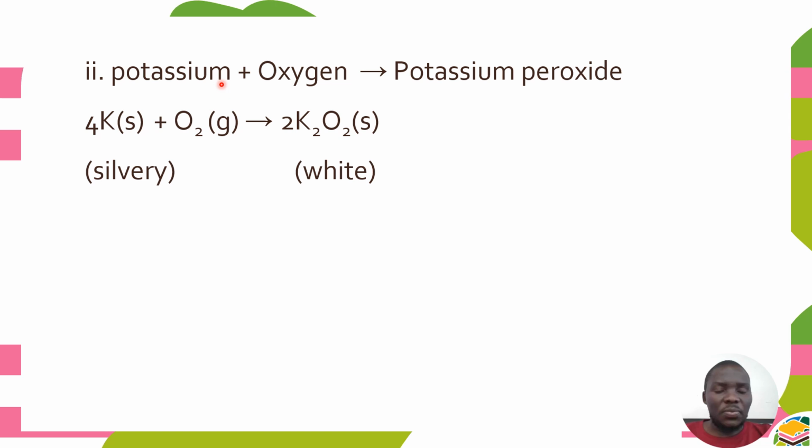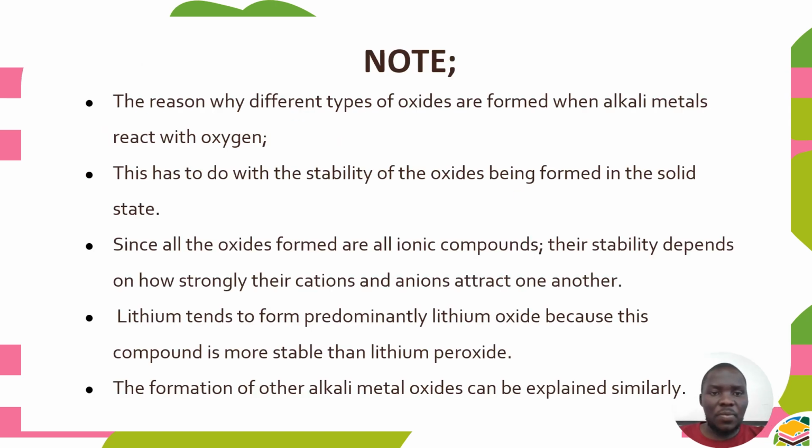Potassium can also react with enough oxygen to produce potassium peroxide, which is also white in color. So in this particular chemical property, we have said they react with oxygen or air to produce either a simple oxide or peroxide, depending on the amount of oxygen which is available.